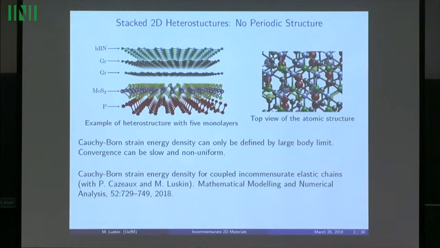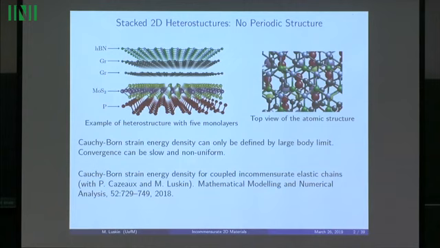Here's the top view of the atomistic structure again. If I want to know the mechanical energy of a bilayer system, and it's periodic, then the Cauchy-Born strain energy does the job.